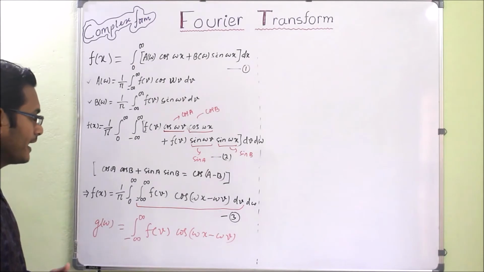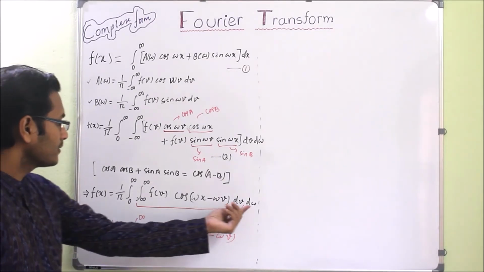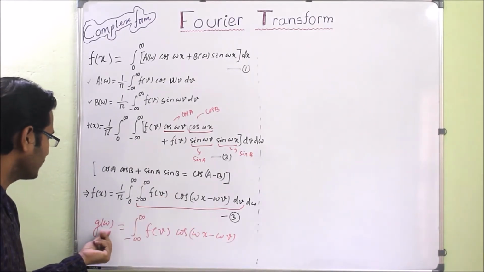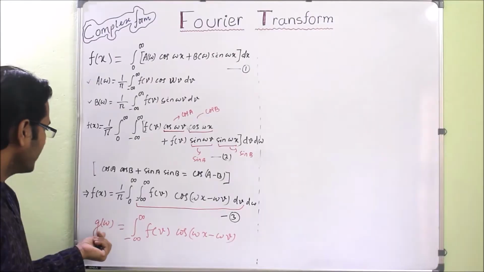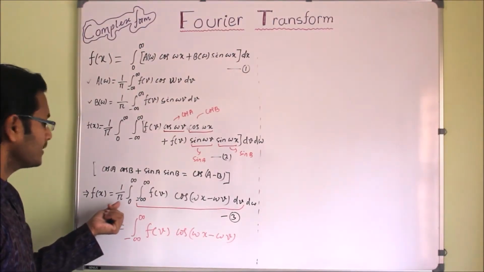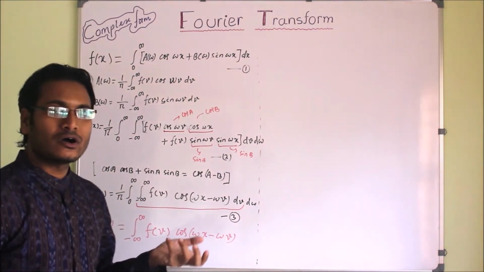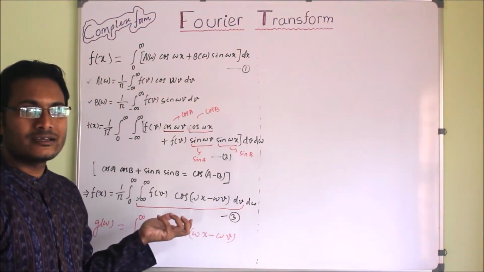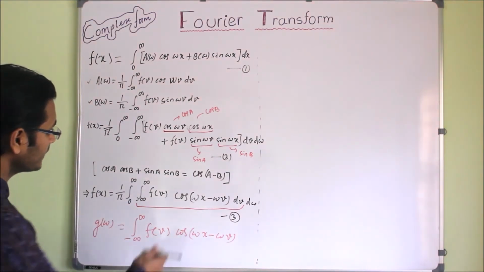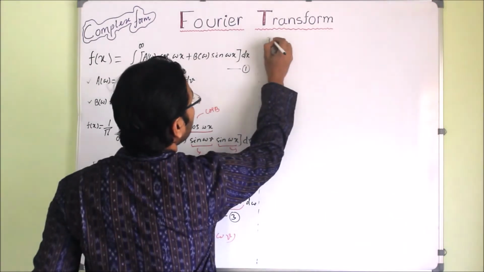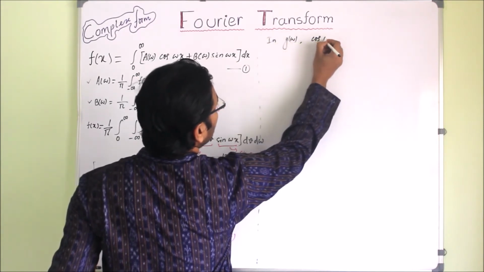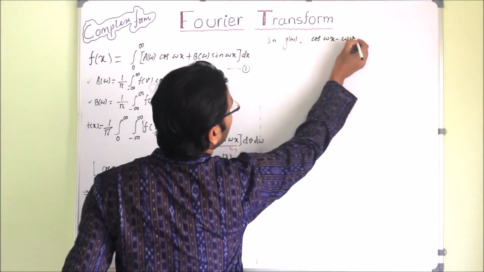Now for the first integral, the function will be gw. We know that if the function is even, one thing happens, and if odd, another. So that formula we have to apply. In gw we have cos of wx minus wv.